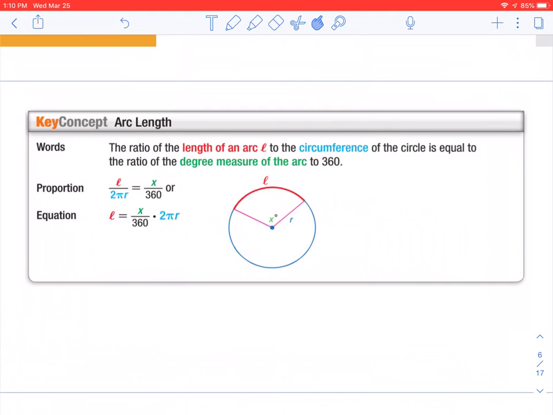We're going to set it up as an equation like this. Okay. Or we can use this. Okay. And we can cross multiply.